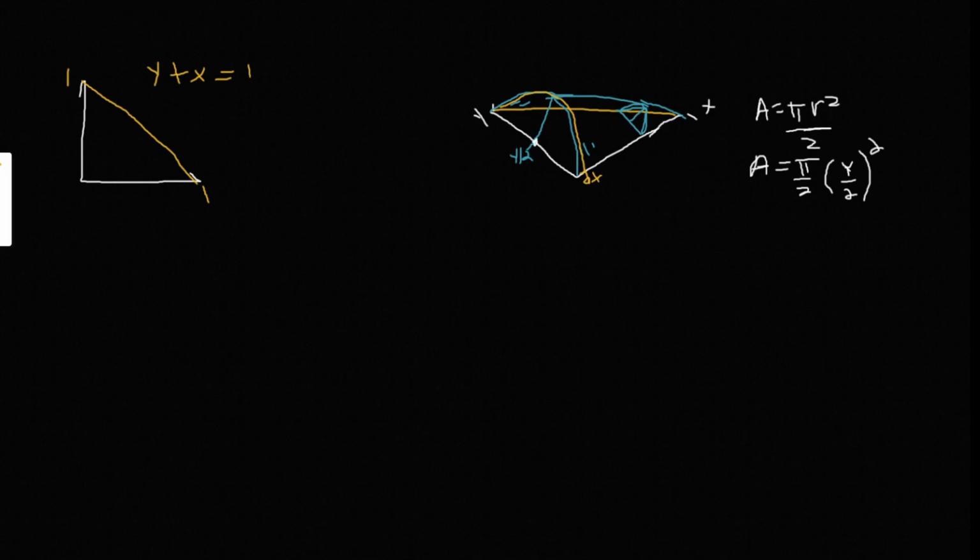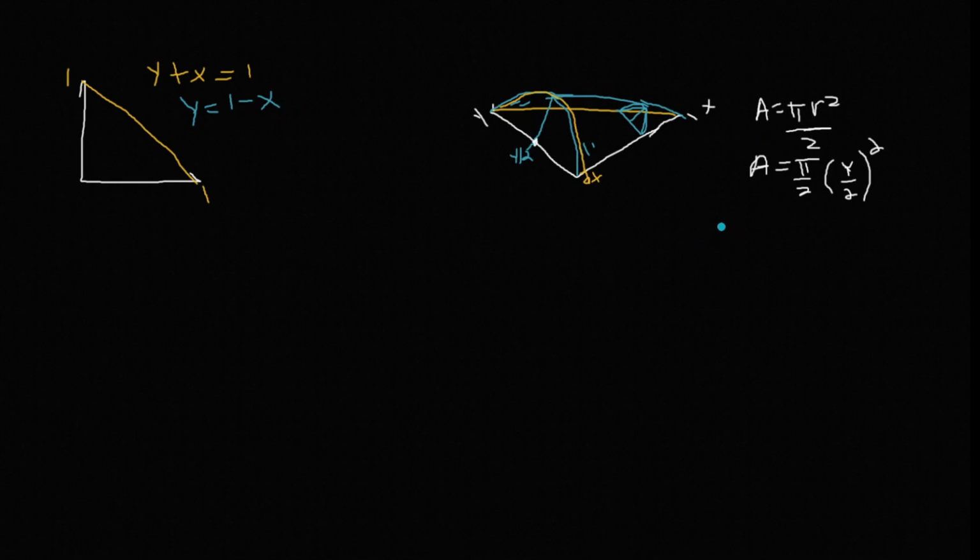So let's write our y value in terms of x to get something we can integrate. Let us solve for y. We just subtract x from both sides, so y is equal to 1 minus x.